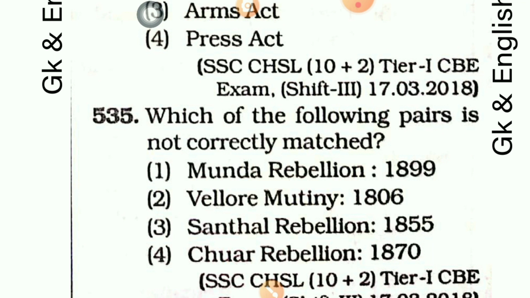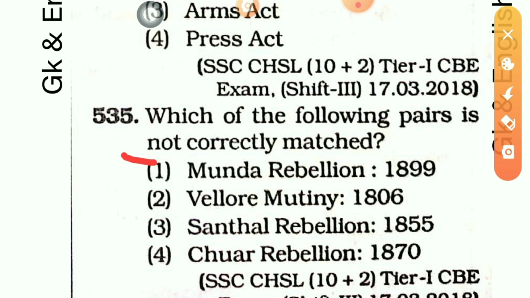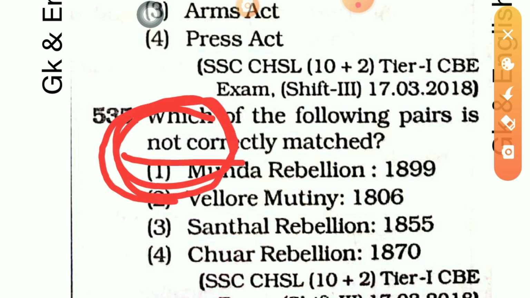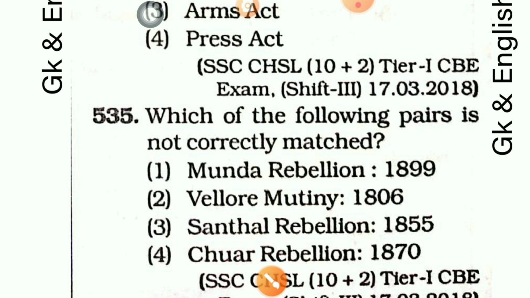So our next question, 535. Which of the following pairs is not correctly matched? Whenever you are doing the answers, focus on this word not. It is very dangerous. It may cost you marks.